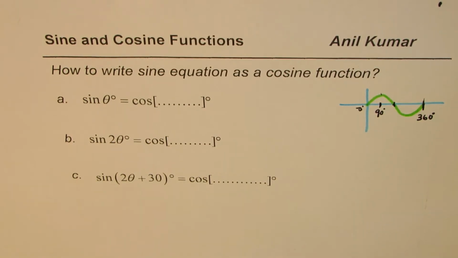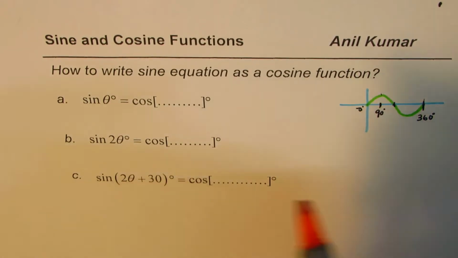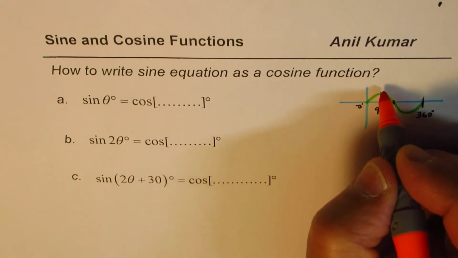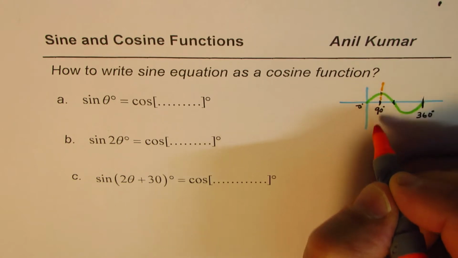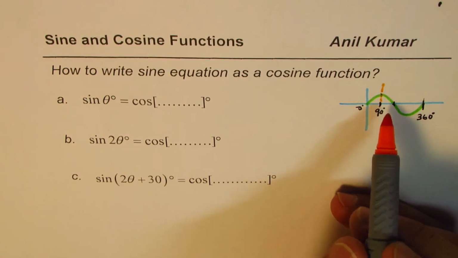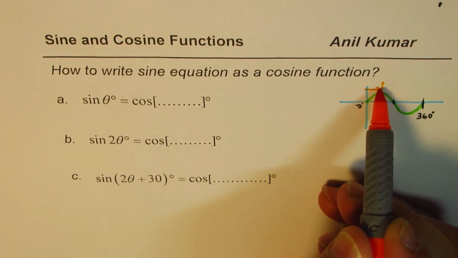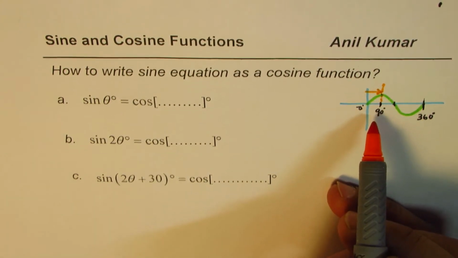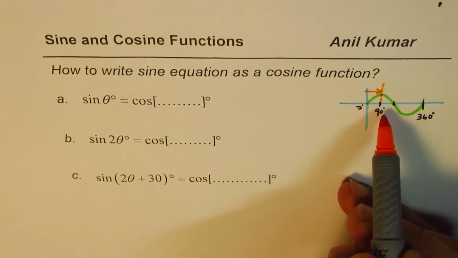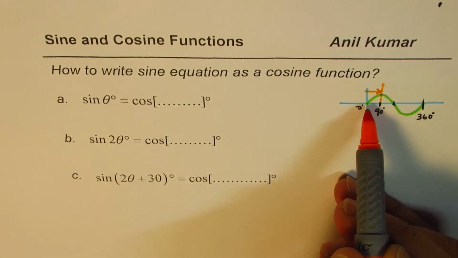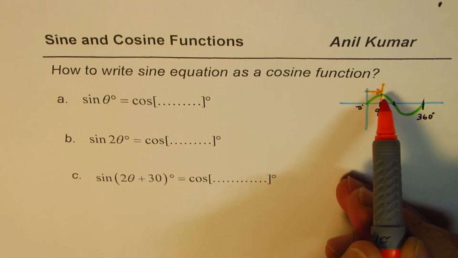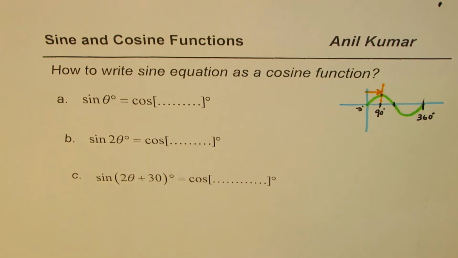Now if I want to write this sine function as a cosine function, how can I do so? Well, as you can see, the cosine function starts with 1. So that is the starting point for the cosine function. The cosine function could be written as a sine function with a phase shift of 90 degrees. So it has moved 90 degrees to the right, and that becomes the starting point for a cosine function.